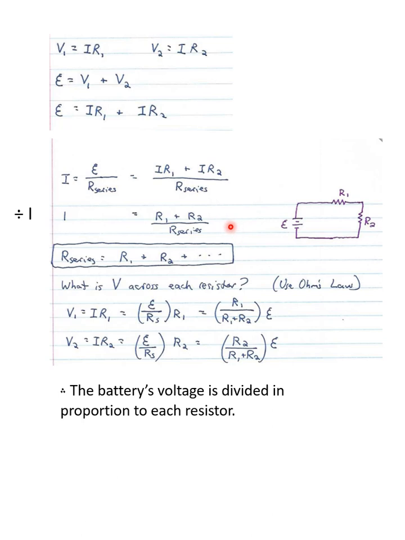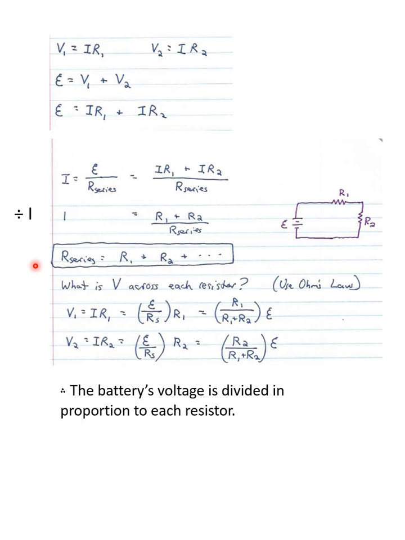Finally, algebraically multiply both sides of the equation by R of the series, and here's our important equation that I've just derived: the total effective resistance of a bunch of resistors in series is simply the addition of those resistances. So the total effective resistance when resistors are in series is R1 plus R2 plus as many resistors as you have.